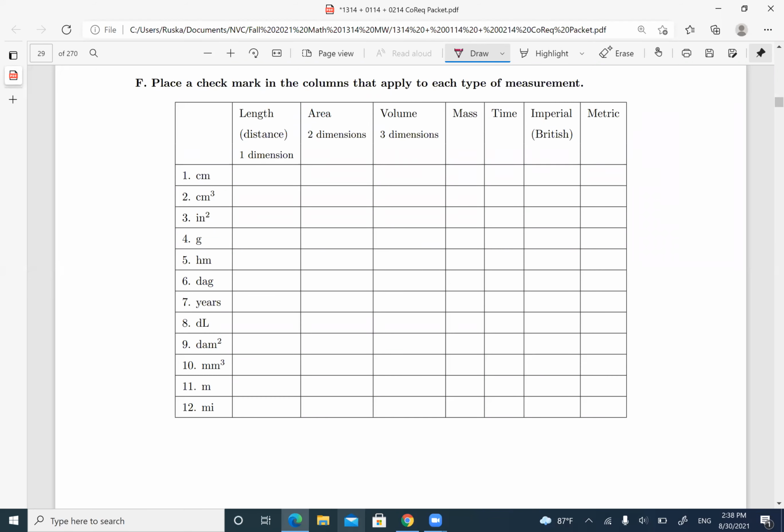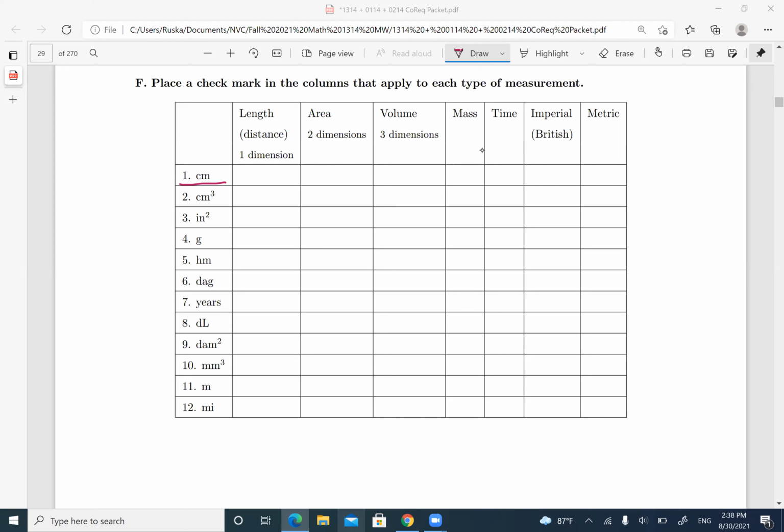So centimeter, is it length, area, or volume? Is it 1 dimension, 2 dimension, or 3 dimension? Just centimeter. Length. Yes, it's 1 dimension.